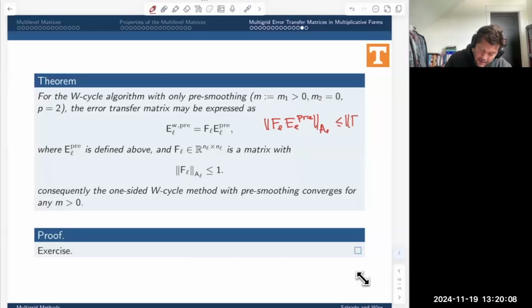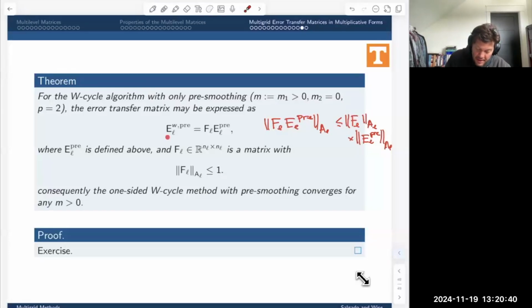So it's going to be FL times EL pre AL. The logic isn't exactly perfect, but the idea is correct. If this guy was amplifying, but we know that this is contractive, then the product of the two things might not be contractive.